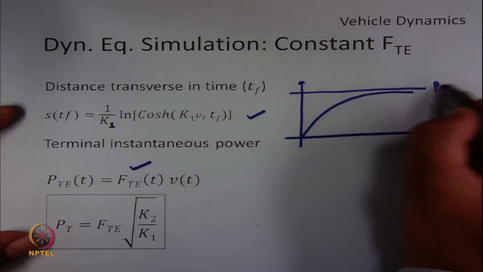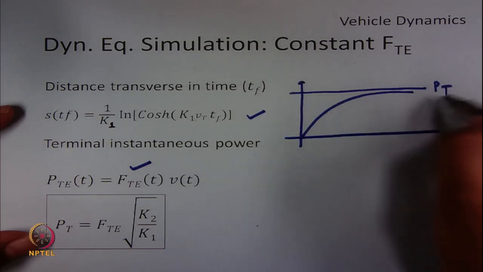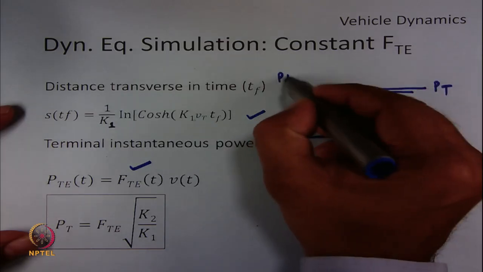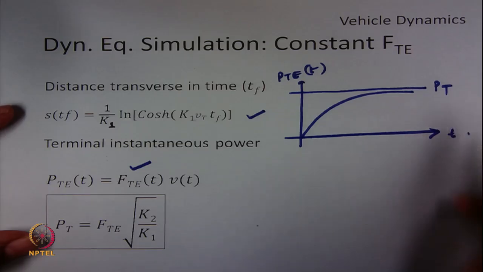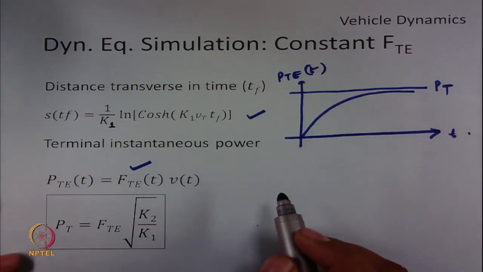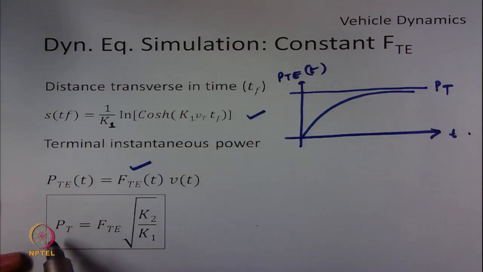This is P of t, this is terminal velocity of power. So the terminal power will be again FTE into root of K2 by K1.